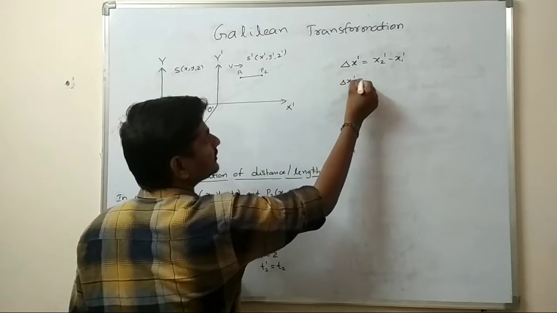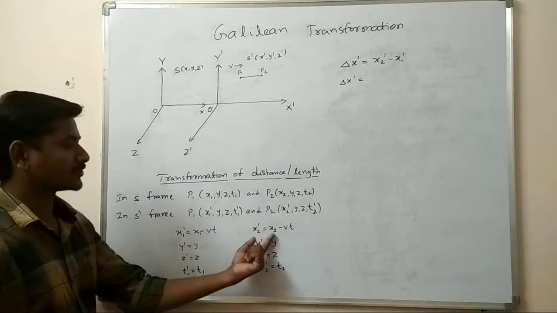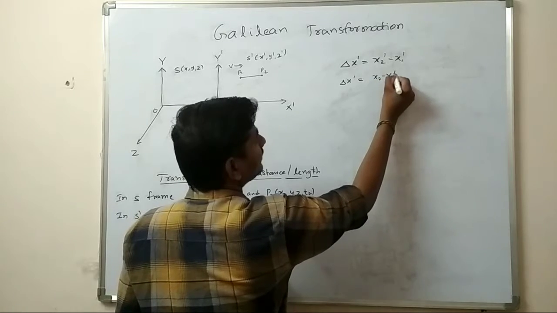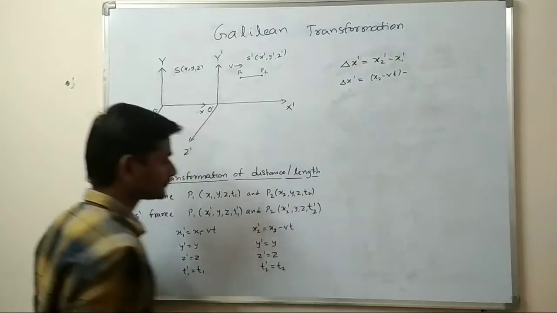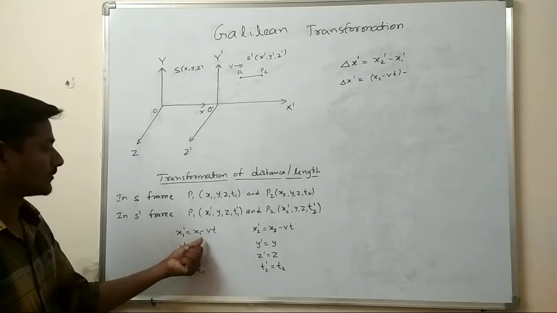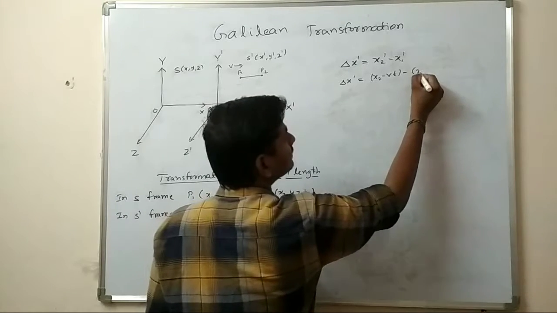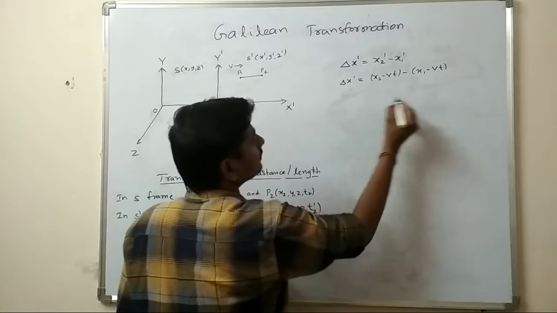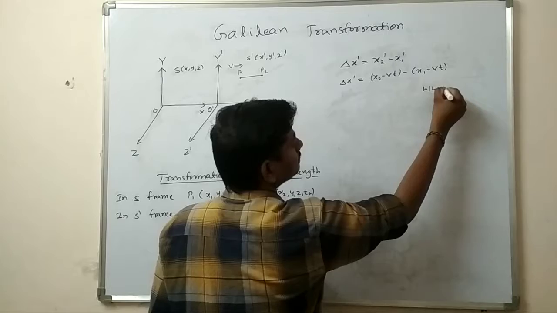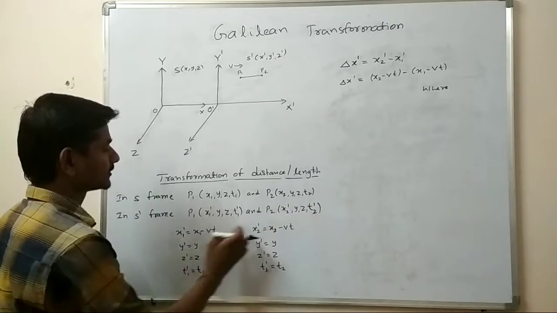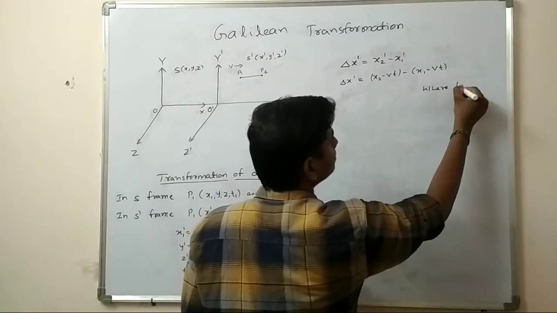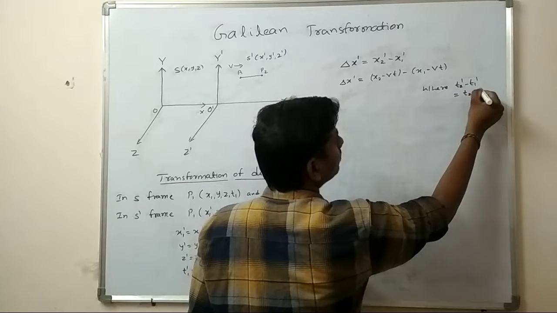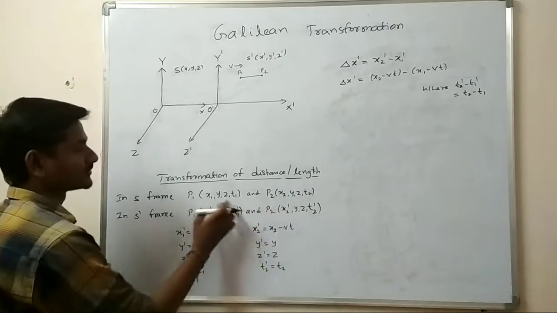Delta x dash is equal to x2 dash, which is x2 minus v into t, minus x1 dash, which is x1 minus vt, where we assume that t2 dash minus t1 dash is also equal to t2 minus t1 in the S frame.